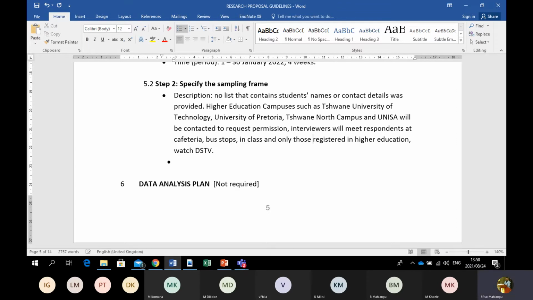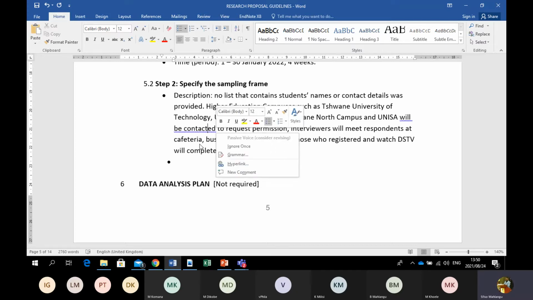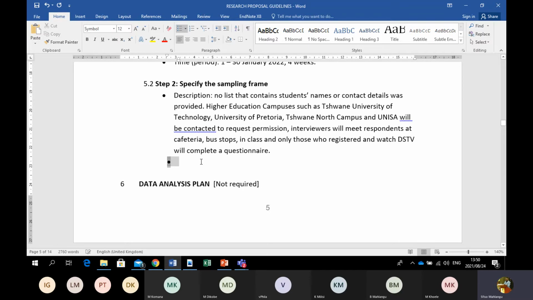And we can indicate only those who are registered for that academic year and watch this year's TV complete the questionnaire. Obviously, you can do this shorter or in fewer words than how it's written here, but try to include as much practicality as possible, meaning that we should know who, where, the sample unit and the sample element must be included in the description. And you're done with that step.